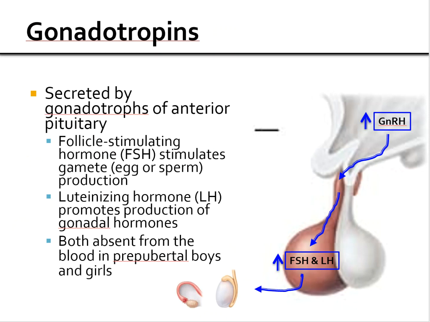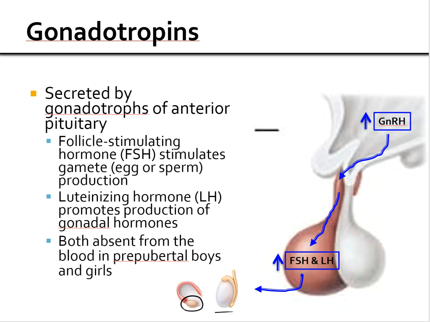Our next hormones released from the anterior pituitary, we clump into two hormones, because they are classified as gonadotropins, since they target the gonads, being the ovary and the testes of the female and male reproductive system, respectively.